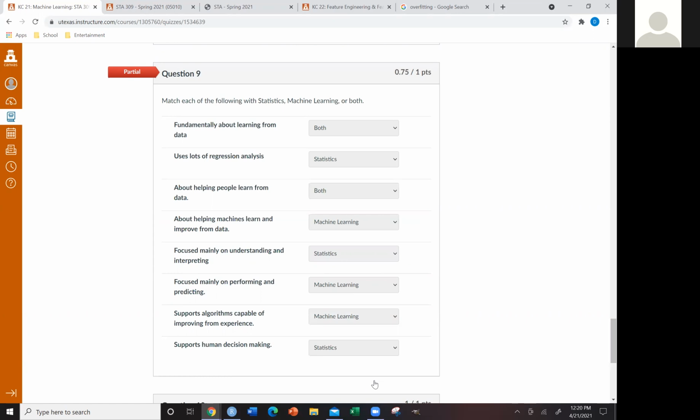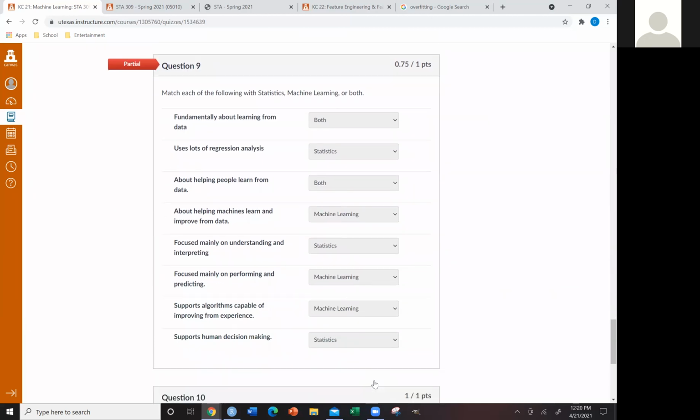Helping people learn from data is statistics, and helping machines learn and improve from data is machine learning. So the third and fourth, they're doing this deliberate juxtaposition side by side to show you that one is machine learning, one is statistics. So the third answer choice should have been just statistics. When you're talking about helping people learn from data, that's statistics. Machine learning is the idea of helping machines learn and improve on data. That might be the only one that's wrong, although there's 8.